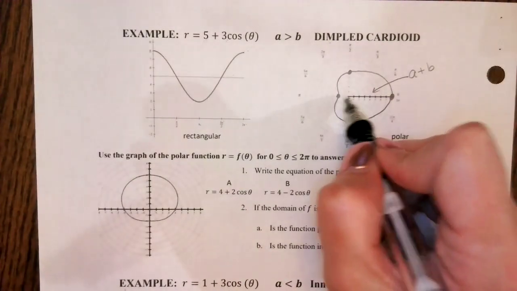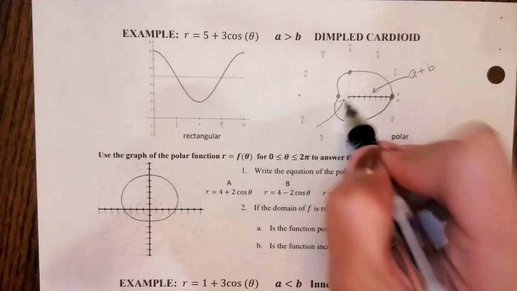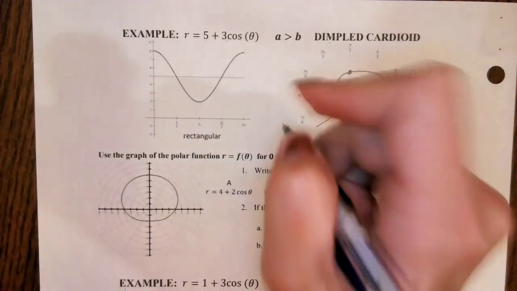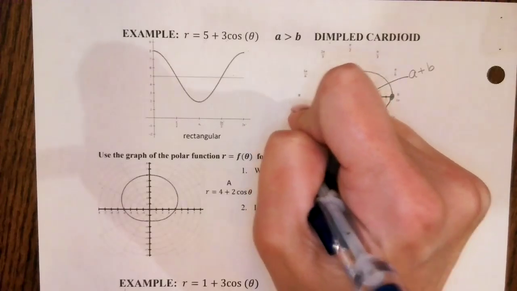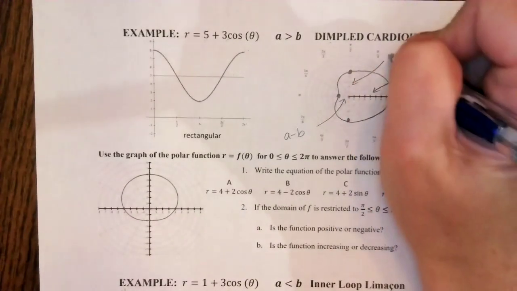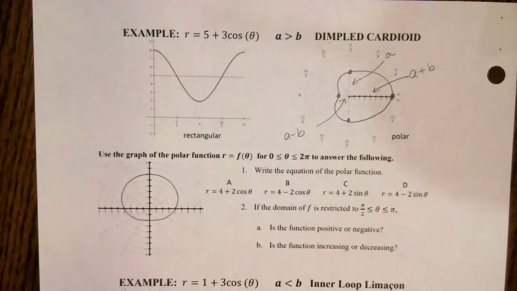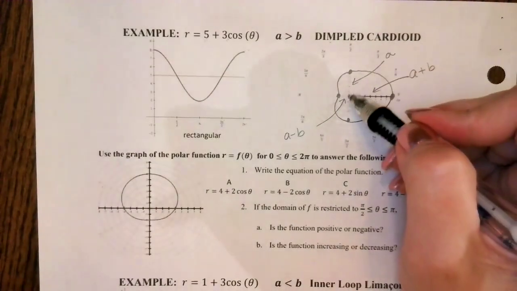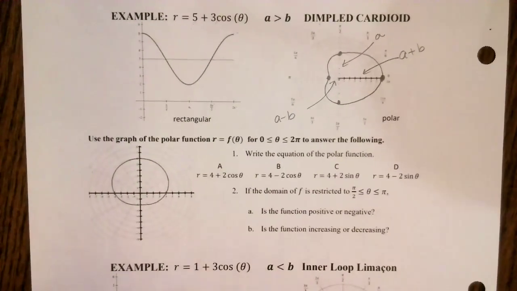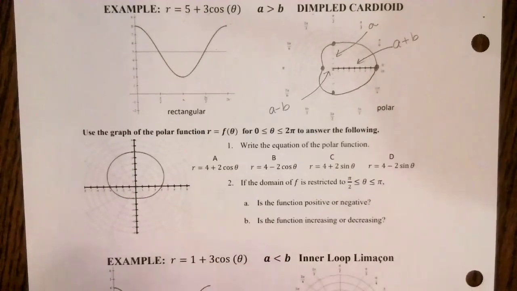This right here is our minimum value. This one right here at 2. So it would be the A minus B. And then this side is our A, which is that midline.